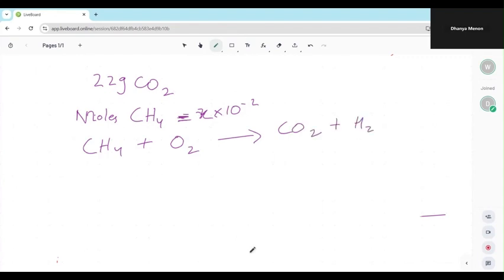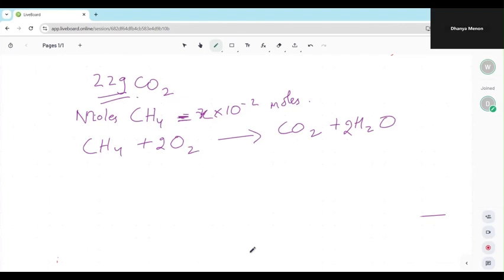Okay, so we need to balance it. Okay, so they have given you the mass of carbon dioxide. It is 22. Now, from there you need to find the moles of methane. This x is the unknown thing. That's what you need to find out. Okay.